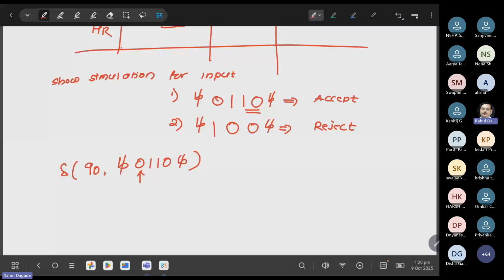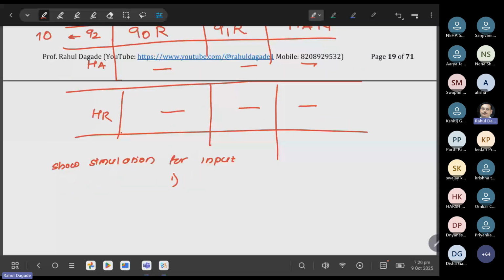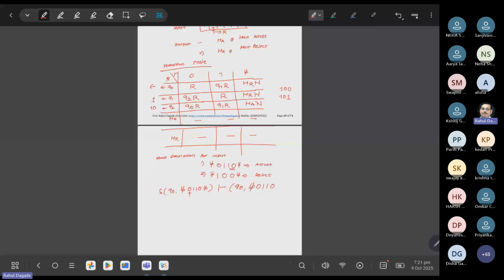So what is Q0 doing for 0 input? Q0 for 0 input is just moving the pointer to the right and remaining in the same state Q0. So that means it is Q0, blank 0 1 1 0 blank, and moving pointer to the right, that is to the 1.